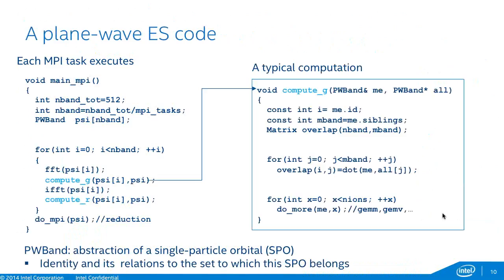So what does the compute Z or R look like? It is going to encapsulate the sum over j. I'm just making up very simple cases, but it is very representative in that we are going to compute the overlap, which is a dot product of vector i versus everybody else.